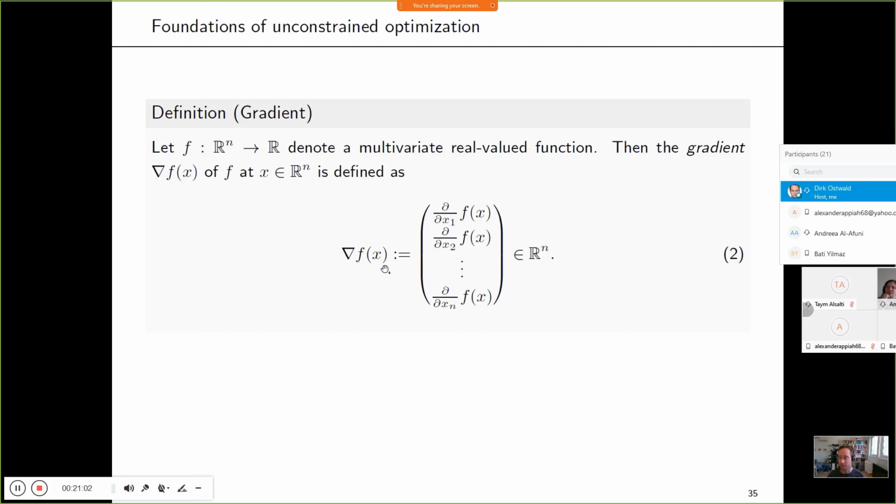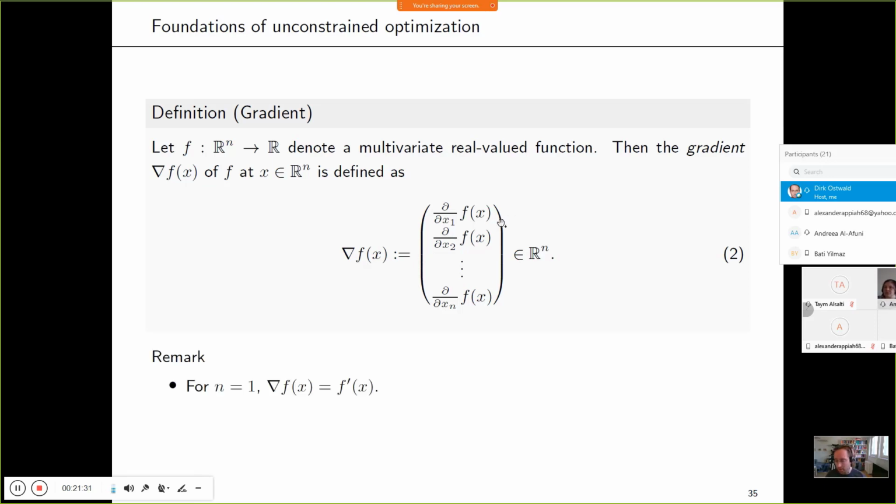For example, if you have a function that is defined as f of x and y equals x squared plus y squared, then the derivative with respect to the first coordinate, so with respect to x, would be 2x, and the x squared would go away, and the derivative with respect to the second coordinate would be 2y, and then you have the gradient 2x, 2y, if I'm not mistaken. So that's the gradient. You also know what that is.